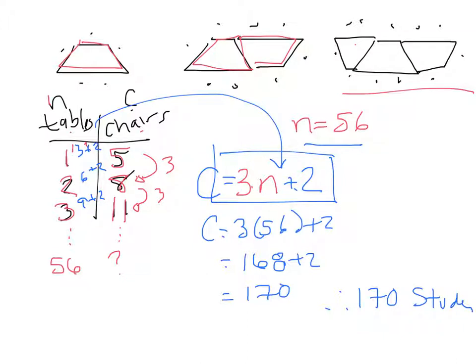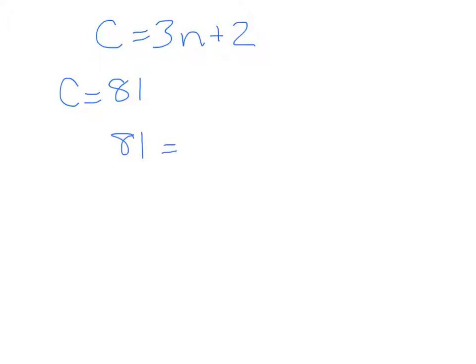Okay. The second part: how many tables would be needed to fit 81 chairs? Would there be any chairs left over? So we had chairs is 3n plus 2. If we had 81 chairs, which means my C is 81, we're going to have 81 equals 3n plus 2.